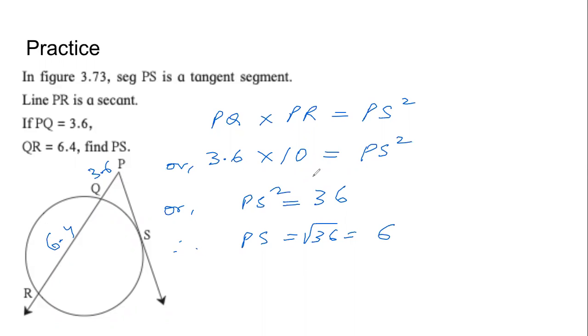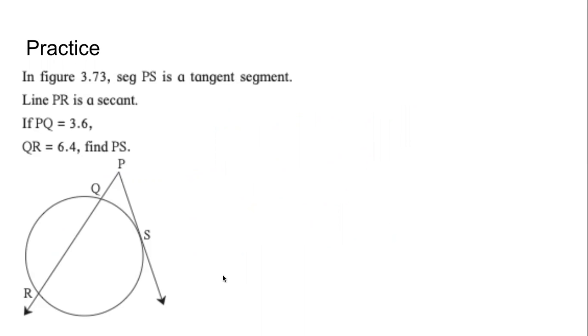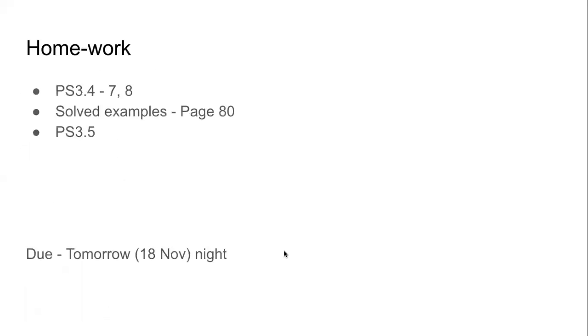If you have understood, if you once again go through the content in the chapter, I will send you the slides after the class, and the recording after the class, then you will be able to complete the remaining questions. As part of your homework, you will complete questions 7 and 8 from practice set 3.4, which were left over from the earlier practice set.